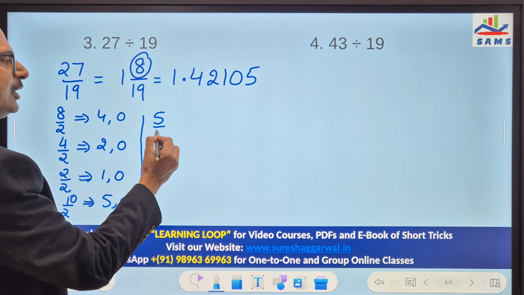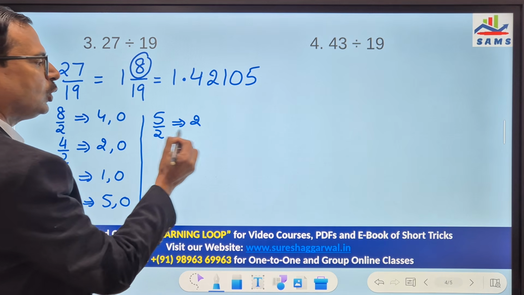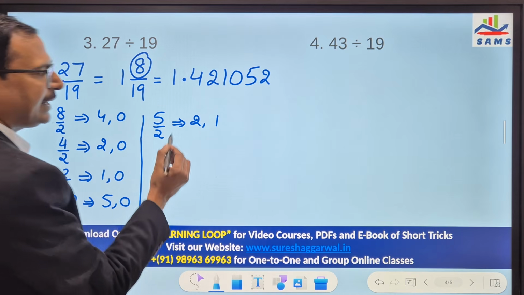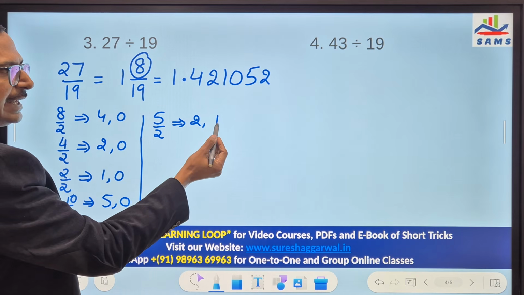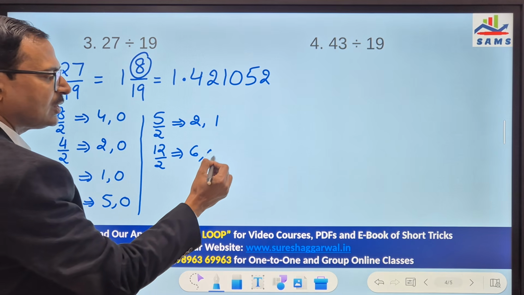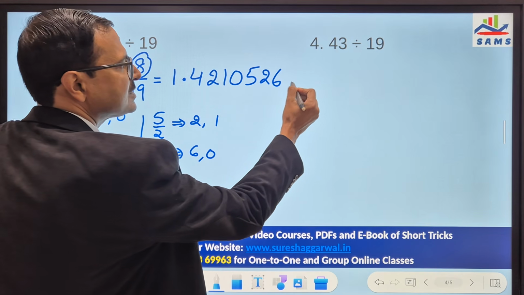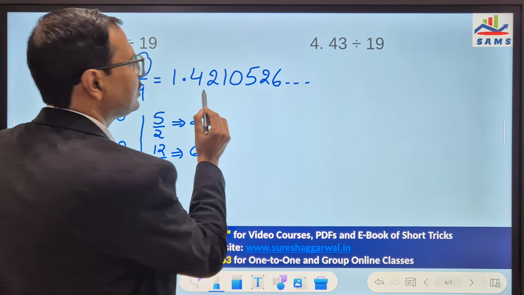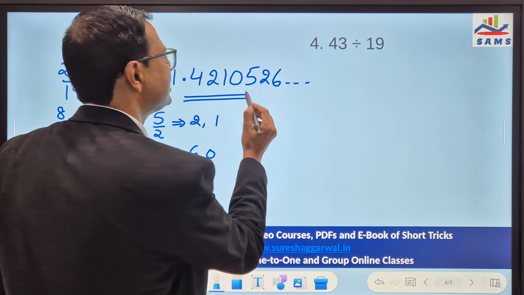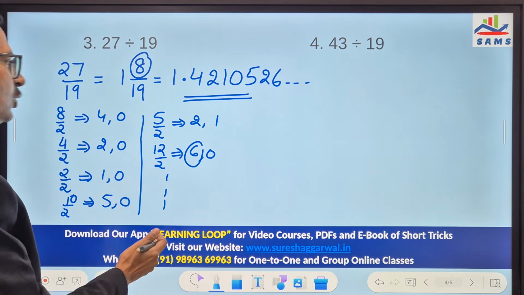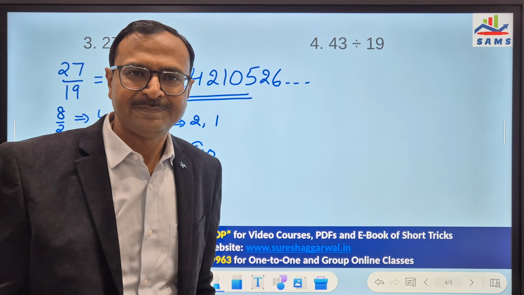So 5 divided by 2 gets me a 2 as the quotient and 1 as the remainder. So 2. And then 10 into 1, 10 plus 2, 12. 12 divided by 2 gets me a 6 and a 0. So 6, and this process continues. 1.4210526. See how many digits you can find. You can continue this on this 6 and you will find amazing results.